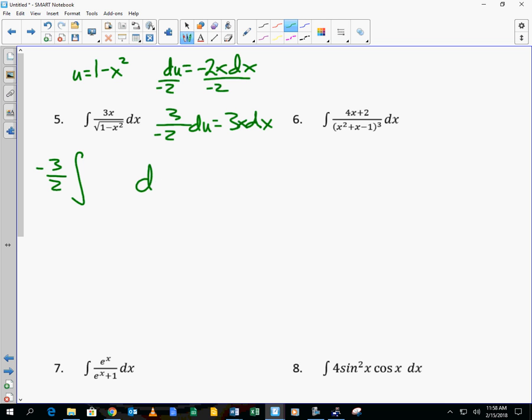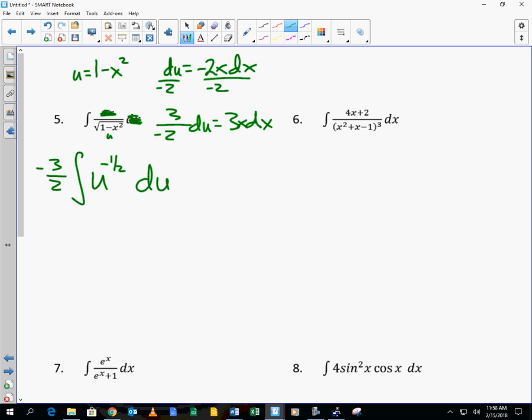Integral and du. Being I put the -3 over 2 du there, what do I get rid of? 3x and the dx. What goes in the place of 1 minus x squared? So 1 over u to the 1/2, right? Or u to the -1/2.